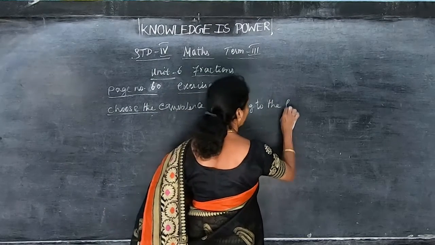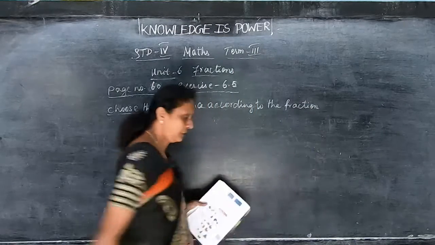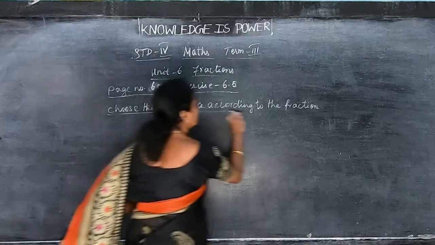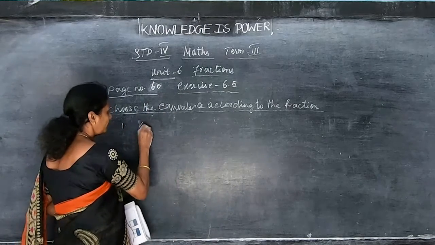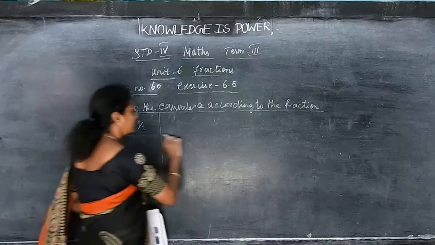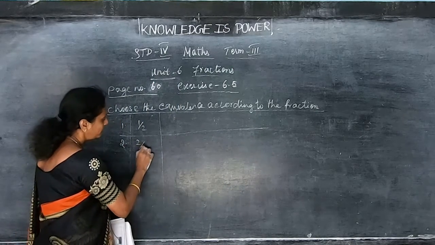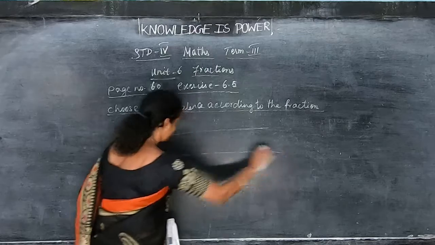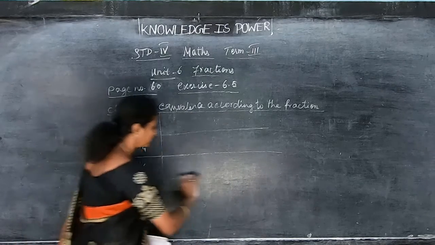Okay. It's a line. And here they have given first sum 1 by 2. This is the serial number and this is the sum. And second sum is 2 by 4. And third sum is 1 by 4.